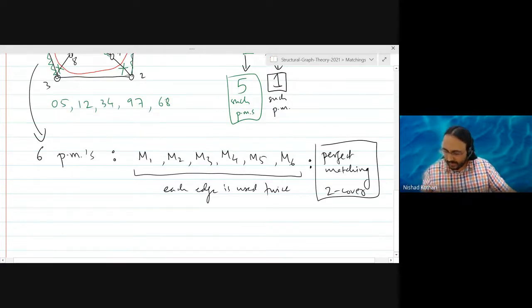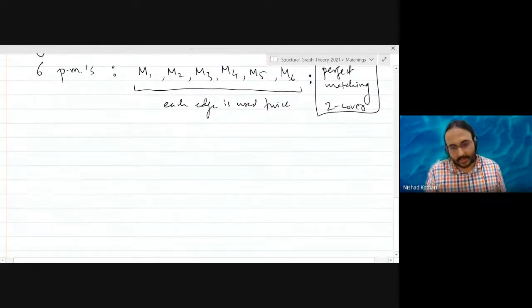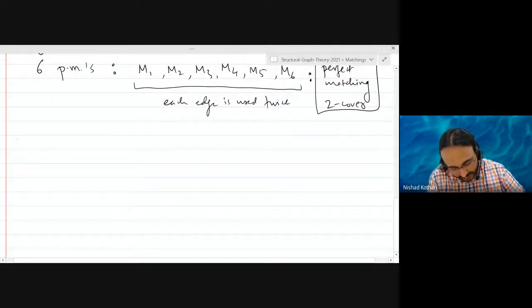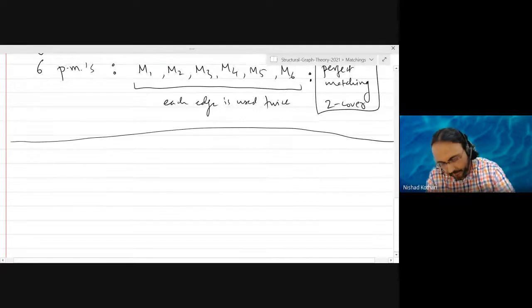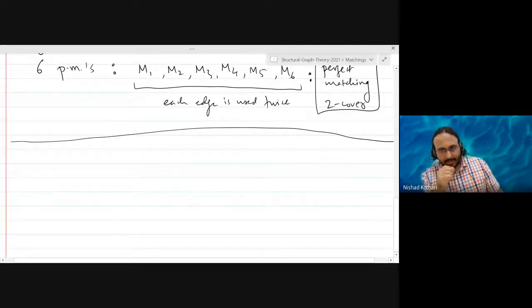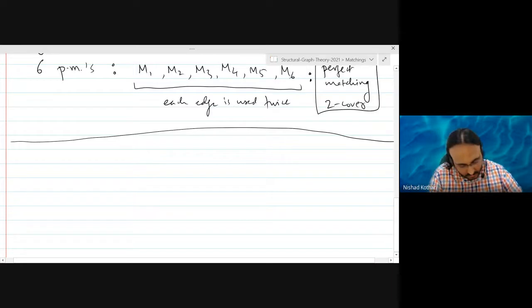So Fulkerson conjectured that you can always do this in any cubic graph. You can always find six perfect matchings. The graph could have exponentially many perfect matchings, but you can always find six of them that will comprise a two cover. There is one small caveat, I will come to that.